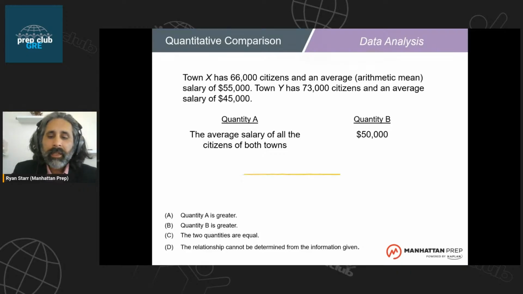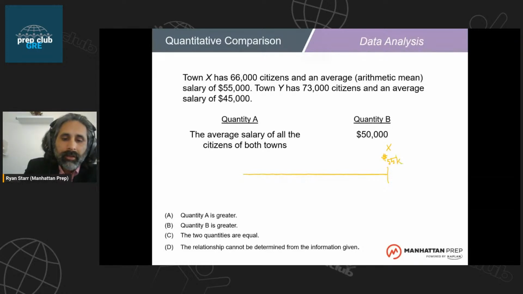So if we think of the average as falling somewhere on this spectrum between town X's 55,000 and town Y's 45,000, boom.